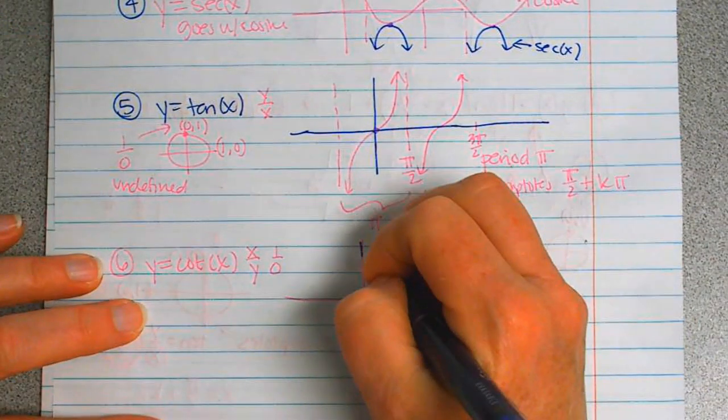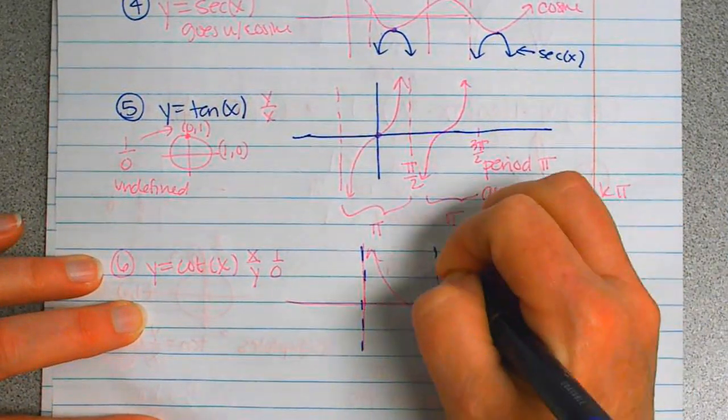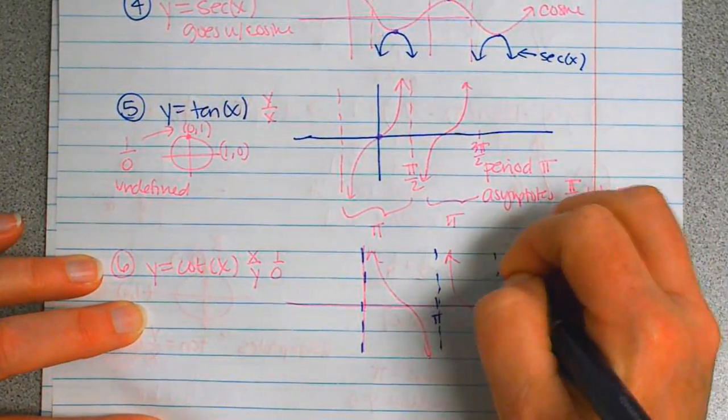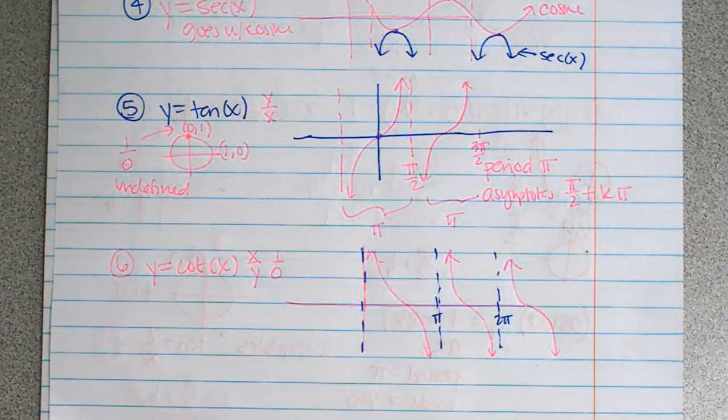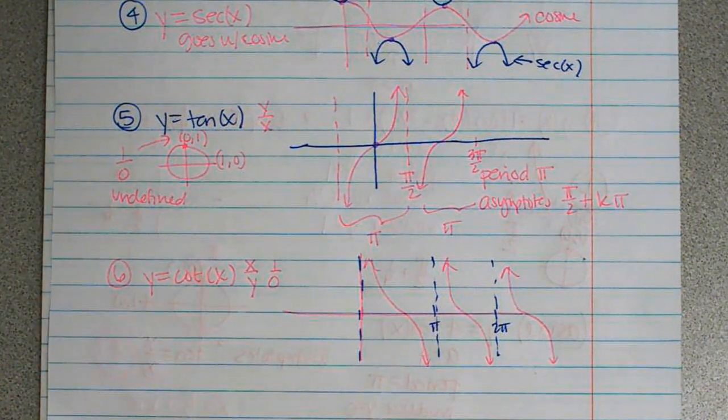But this one goes backwards compared to tangent. So you might have to be able to tell the difference between tangent and cotangent. And you could do that by testing points if you had to. Those are the 6 graphs.